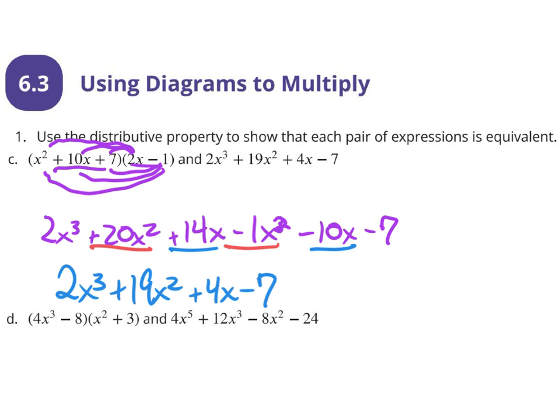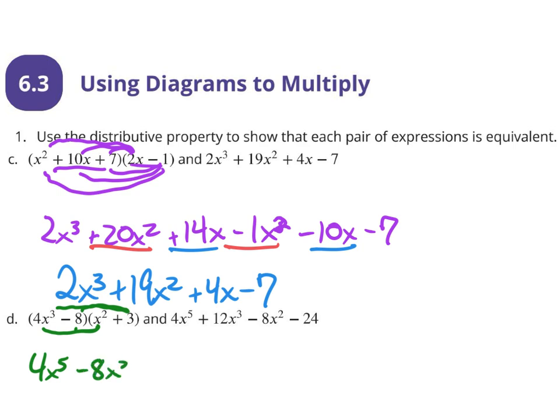And for the last one, I get my x squared to 4x cubed. I get my x squared to -8. I get my 3 to 4x cubed. I get my 3 to -8. Okay. x squared times 4x cubed is 4x to the 5th. When you multiply variables, the exponents add.